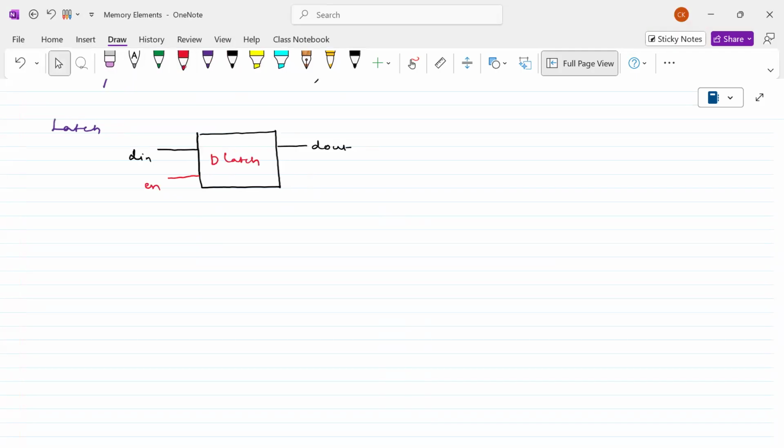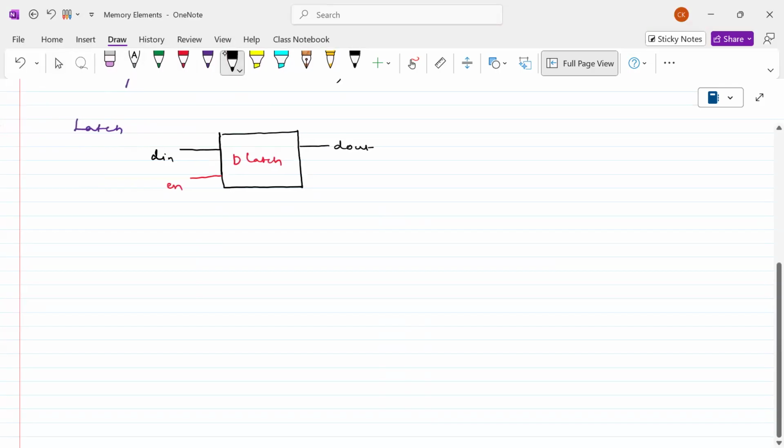Okay. Now, what is the functionality? How do we define the functionality? As I mentioned, we need to have an enable signal and a D in signal. By these two input signals, we want to derive the output, or we can define the output, right? D out. Okay, what is the D out here now? If the enable signal is not there, whatever the D in signal is, it does not matter, whatever the previous value of the output is, that output will remain.